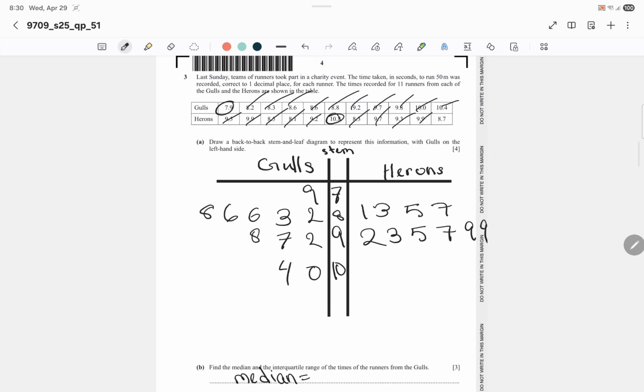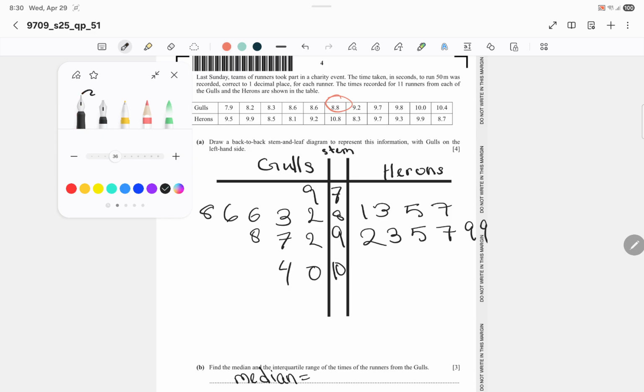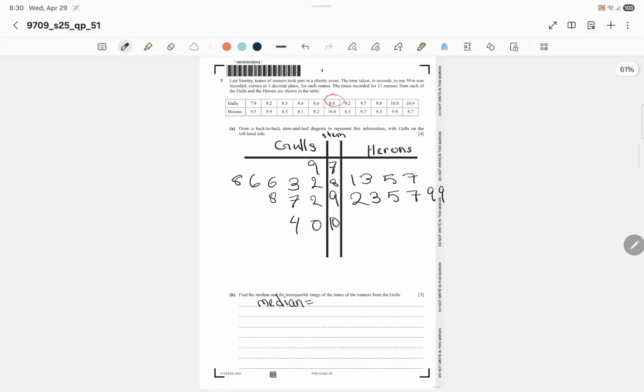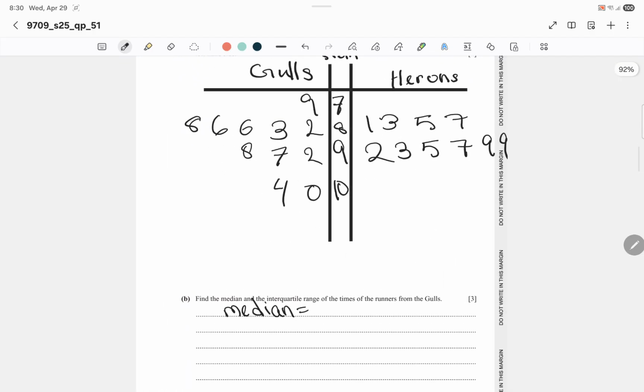The median over here is, it's going to be this right here, 8.8. That's exactly the middle, right? Hence it's 8.8. So that's the case. The median is 8.8 seconds.